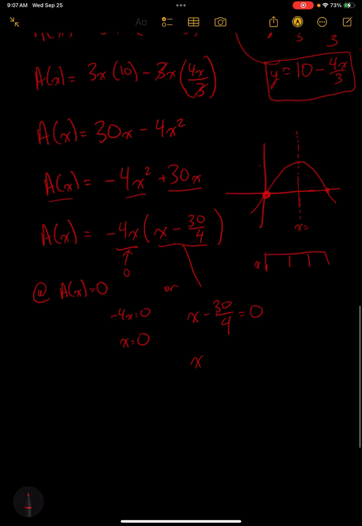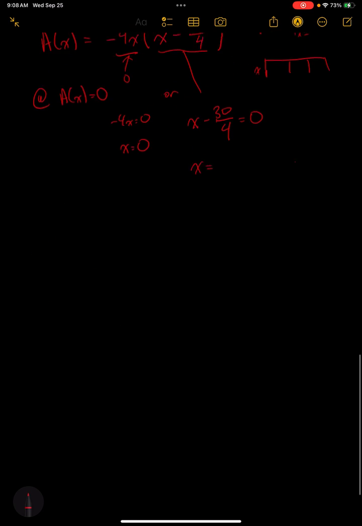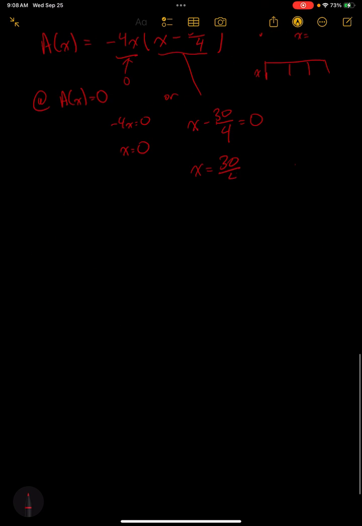So x is actually equal to 30 over 4, which is equal to 15 over 2, which is equal to 7.5.